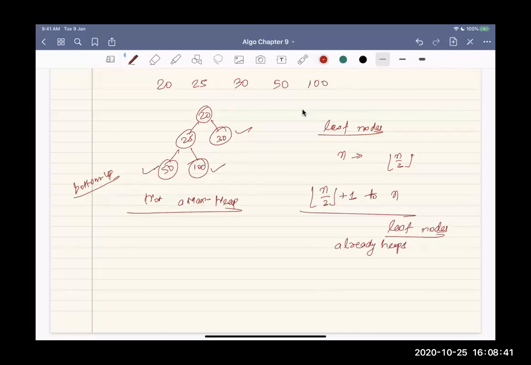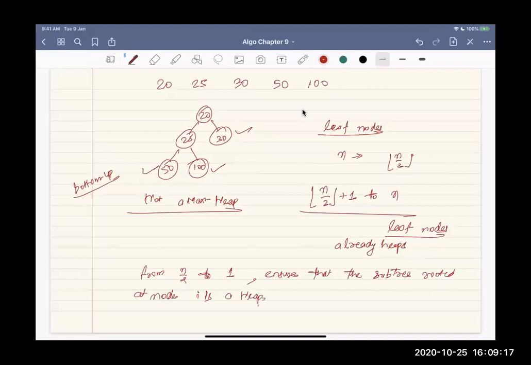Now what I do, I go back, I start from n by 2, go up to 1 and keep on ensuring that the subtree rooted at that node is a heap. So from n by 2 to 1, I go one by one and ensure that the subtree rooted at node i is a heap.